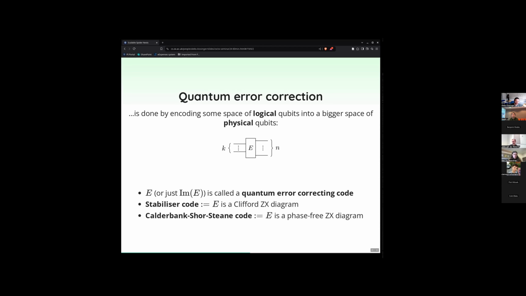Now, a CSS code is even more specialized than that, and this is where E is a phase-free ZX diagram. Both of these things have a definition in the literature, and that definition is equivalent to this fact that I have an encoder and I just write it as a ZX diagram in one of these fragments.